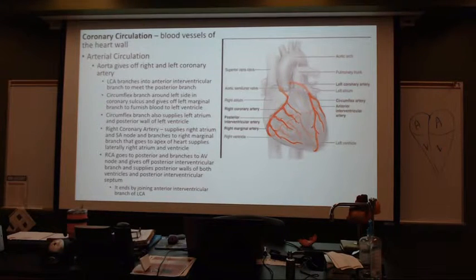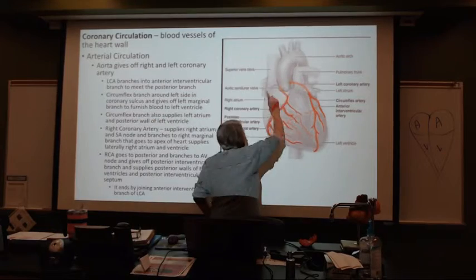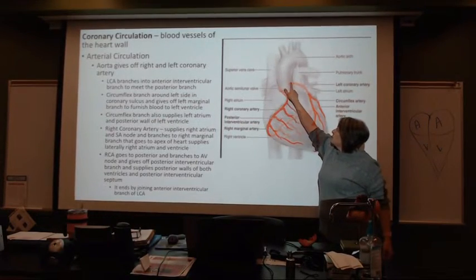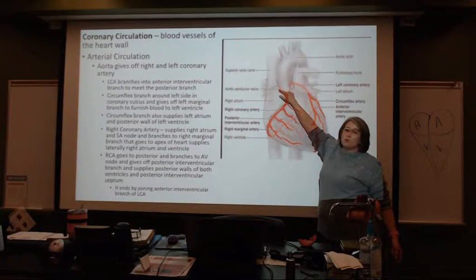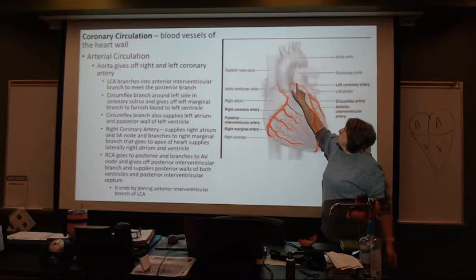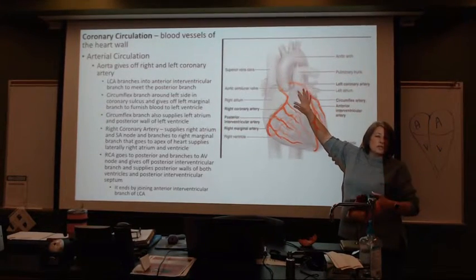What's going to happen? My aorta, see how they're trying to show it looking like it's got two little holes? And then these vessels coming off of it, this is what we get.